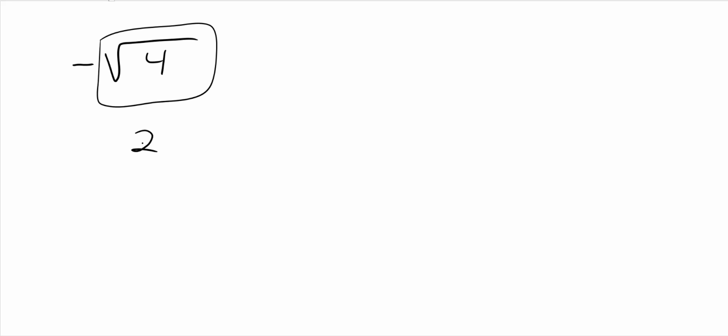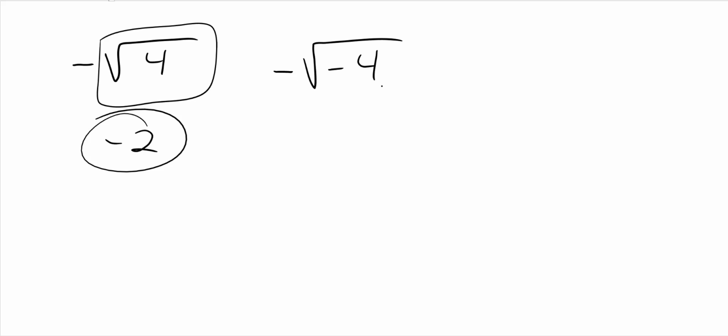If you have a negative on the outside, let's just say there's a negative on the outside. So if it looks like -4, now that's not on the inside. So that truly is, you just take the square root of that, you get 2. There's no i, right? It's just -2. Only when the negative's on the inside of the square root, that's when you have an i. So if I had something like this, negative square root of -4, those negatives do not cancel, guys.